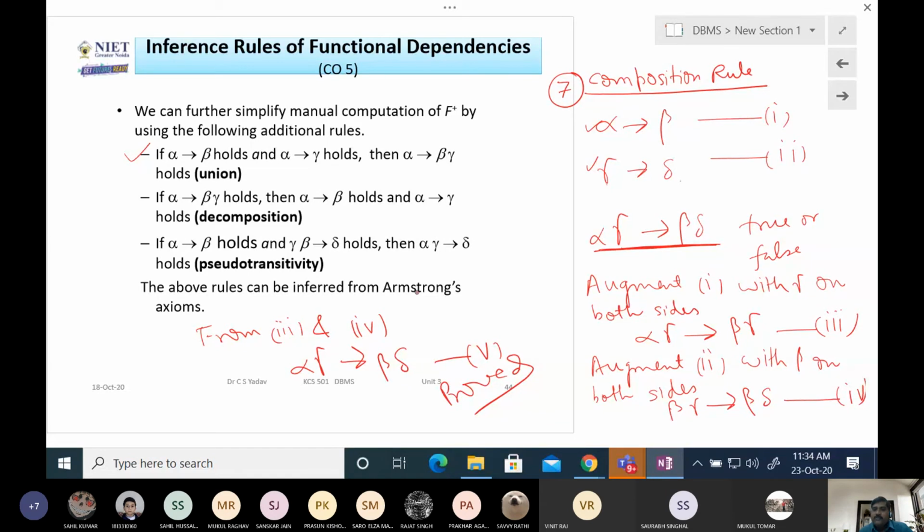If you don't know these rules, then also you can solve the problem, but then you have to devote more time. But if you know these Armstrong's axioms, then you can solve the problem very fast.